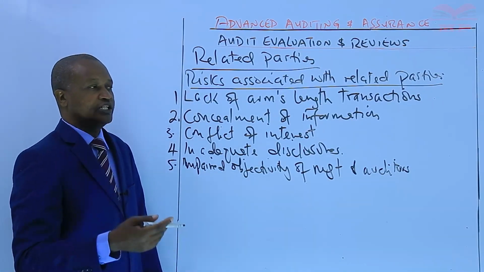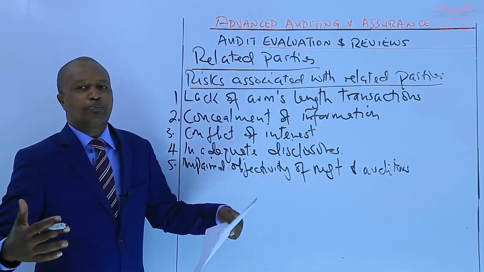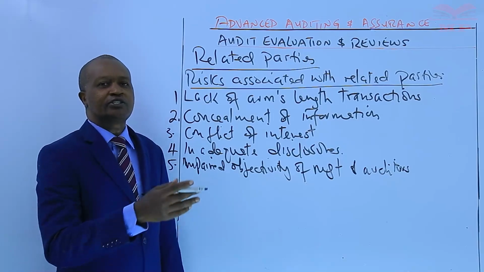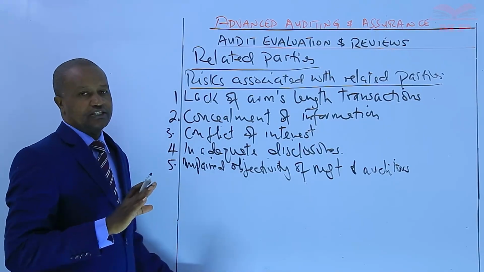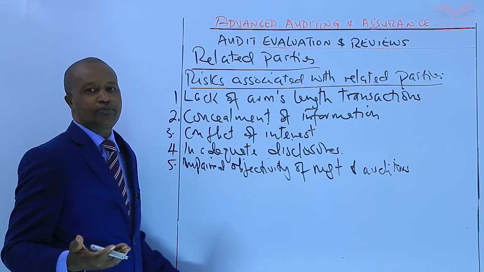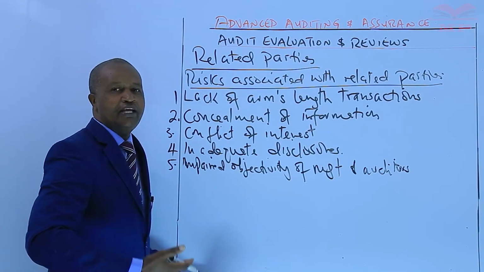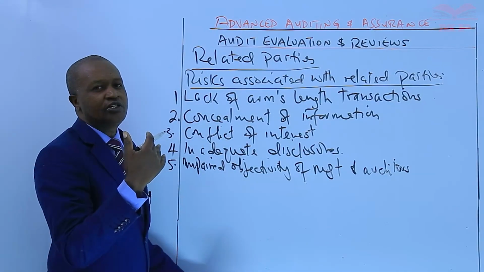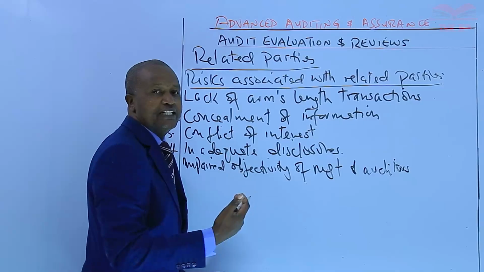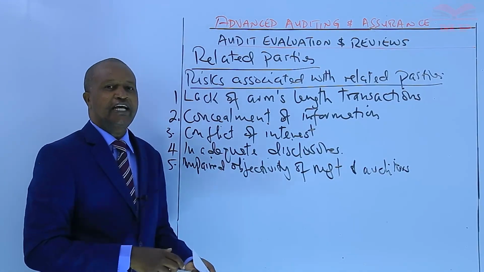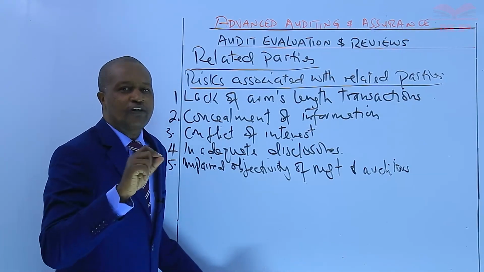Related party transactions can, candidates, compromise the objectivity and the independence of management and auditors. How or why? Because management may be influenced by personal interests or pressure from related parties, leading to biased decision making and inadequate oversight.